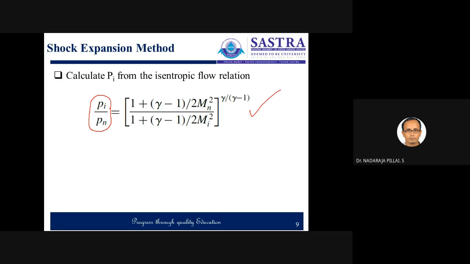So now in this expression, you can calculate Pi, because Mn is known, Mi is known, and Pn is known. So from the Pi, we can calculate whatever we want, right?